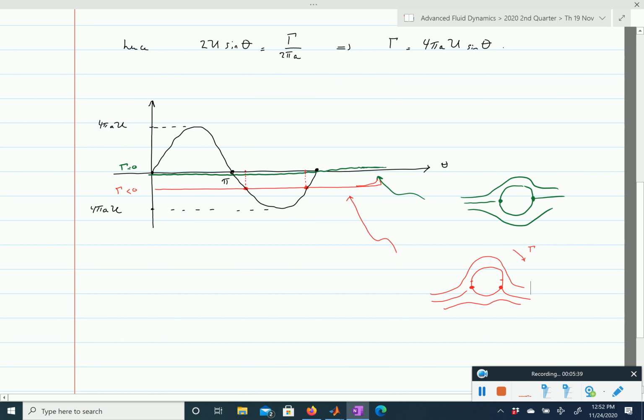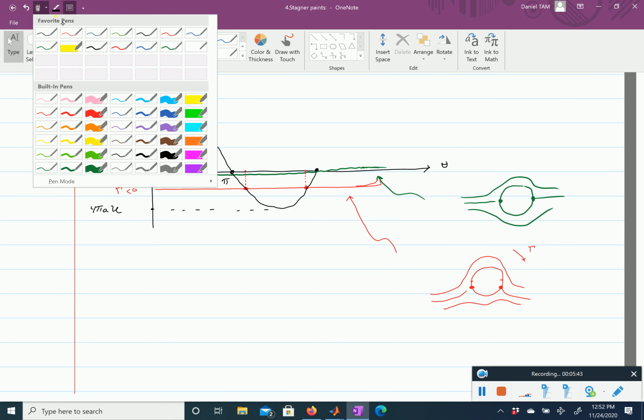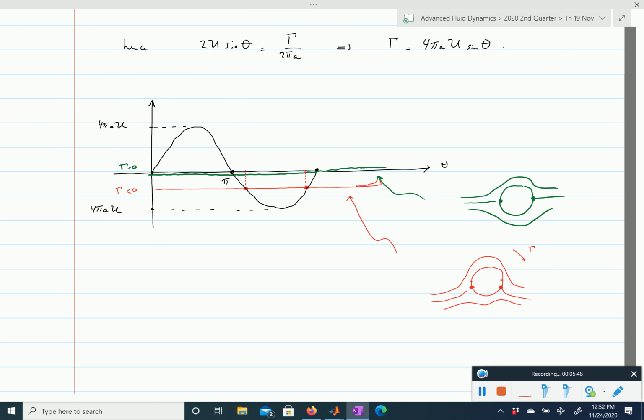Then there will be a limiting case when the circulation becomes even larger. That corresponds to this case: when gamma is exactly equal to 4 pi a u in absolute value, then this is my cylinder.